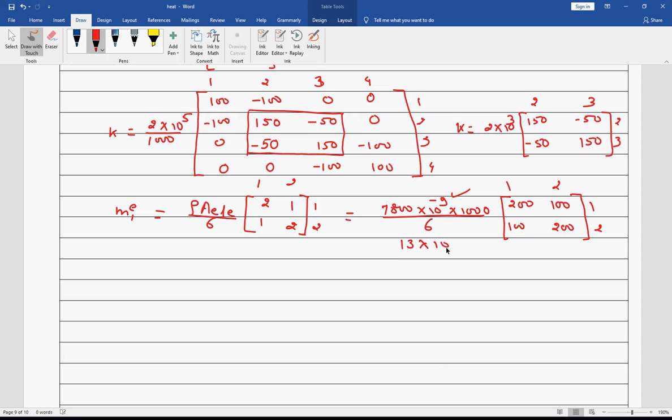So I could say 13 into, okay, no issue whether I take 0.013 value as it is, because it is completely divisible. I thought this division is not perfect, so I may lose some decimal places. So I could write like this. Okay, it is fair enough since 78 is completely divisible by 6. So let's have this value now.